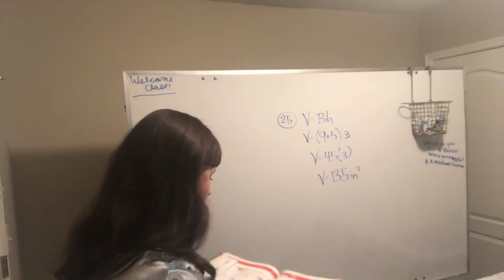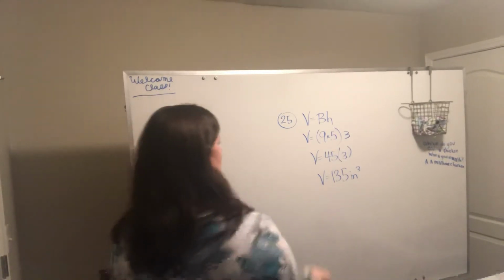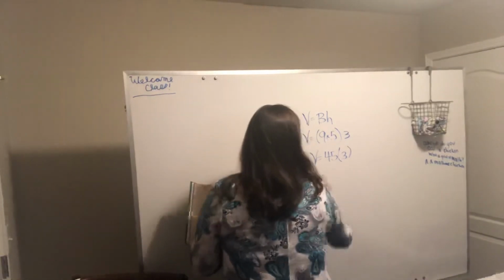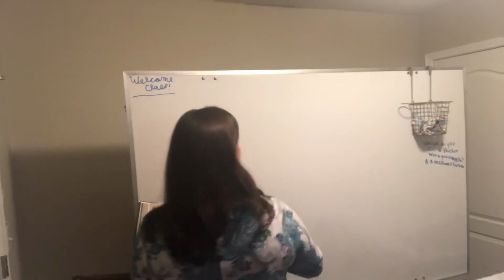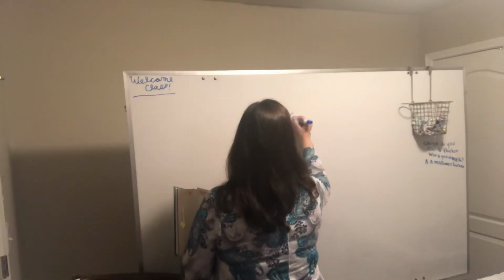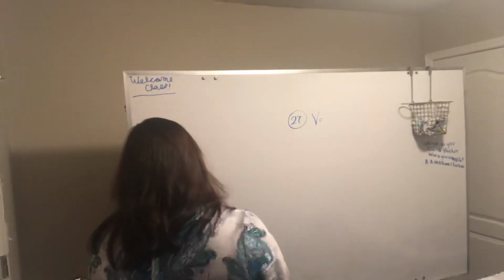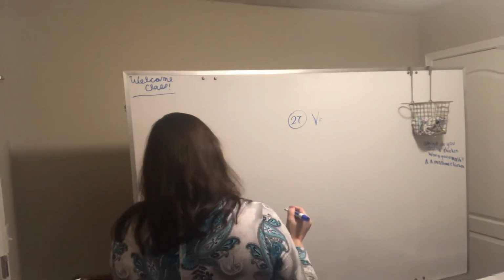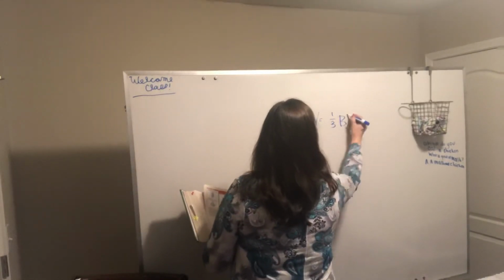Last one we're going to look at, number 27, the volume of a rectangular pyramid. A rectangular pyramid has one shape of the base, and it comes to a vertex at the top. The formula for volume of this rectangular pyramid is 1/3 the area of the base times the height.